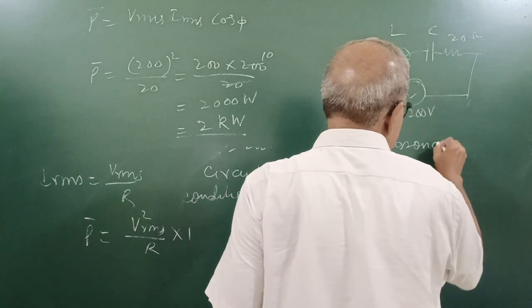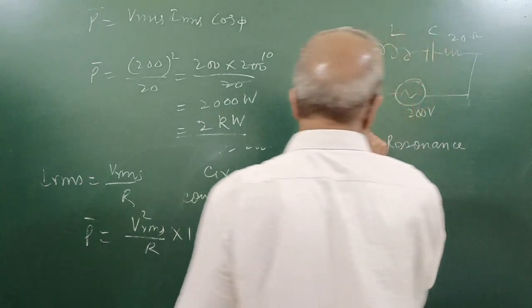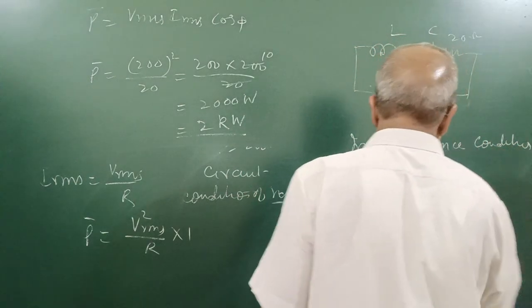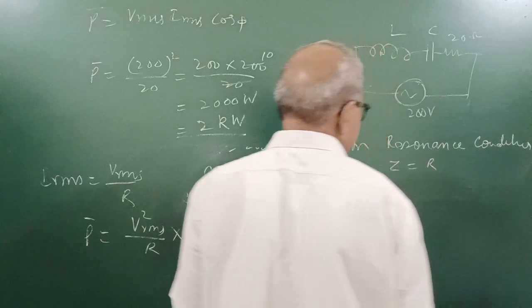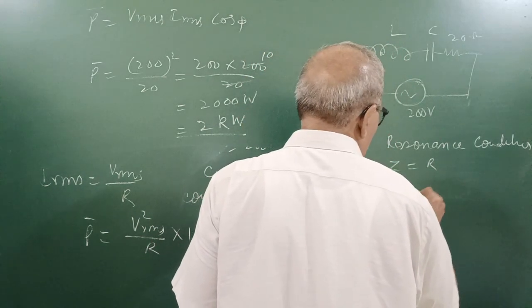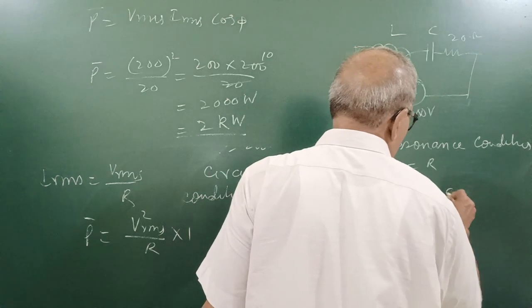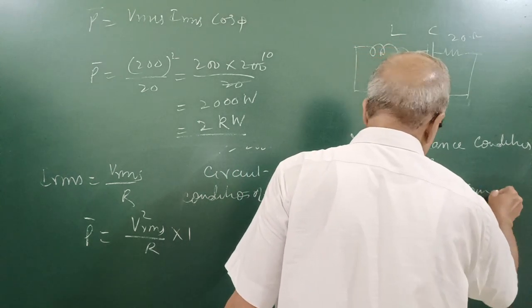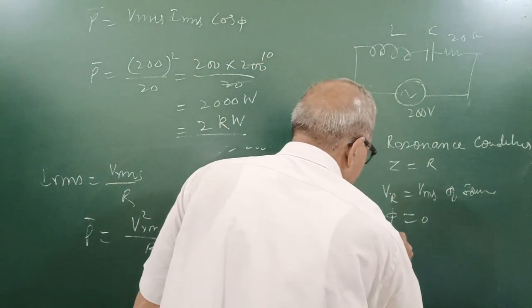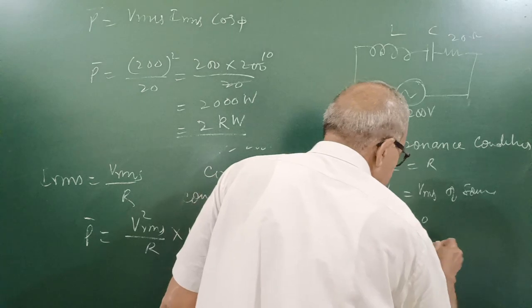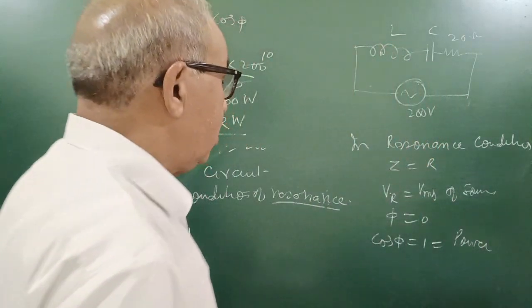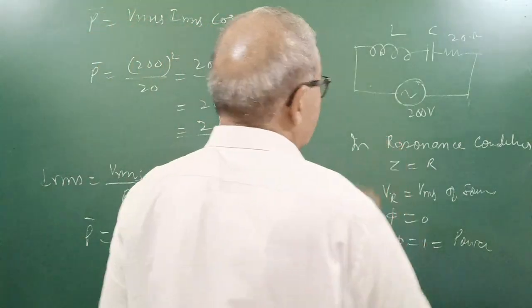In the resonance condition, please remember this: Z is equal to R, VR is equal to VRMS of the source. Phase difference between voltage and current is 0, so cos phi is 1. Power factor is 1. Phase difference is 0. Z is equal to R, and I is maximum.